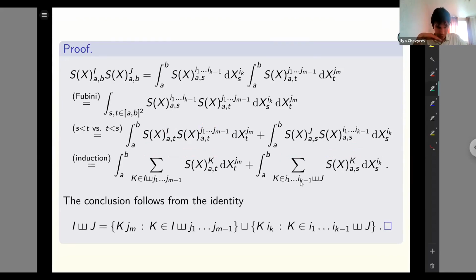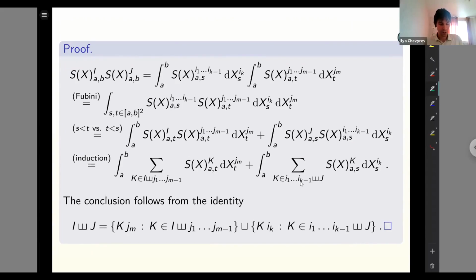And what we do to conclude is we use a combinatorial identity. So the shuffle between two words I and j, I defined as intertwining all of I and j together while preserving their order. But it actually has an equivalent inductive definition.